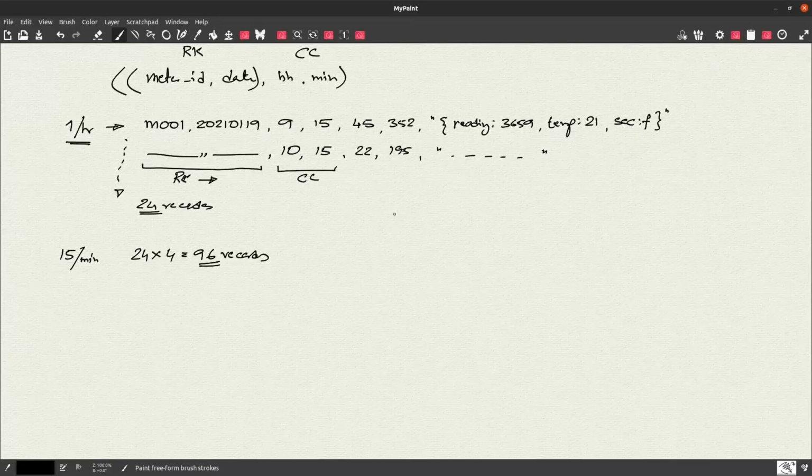So if I were to draw this, so that you can get an idea visually what it might look like. Think of it like this is M001. I've got 20210119. That's my partition key. And this is the record number 1 at 9:15.